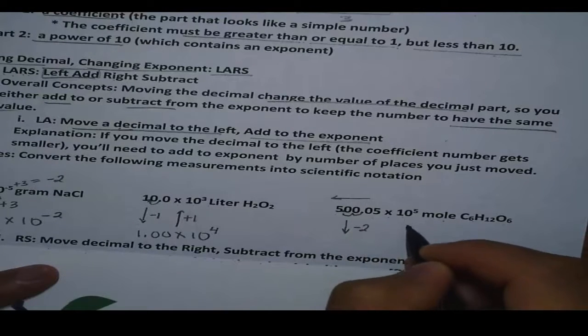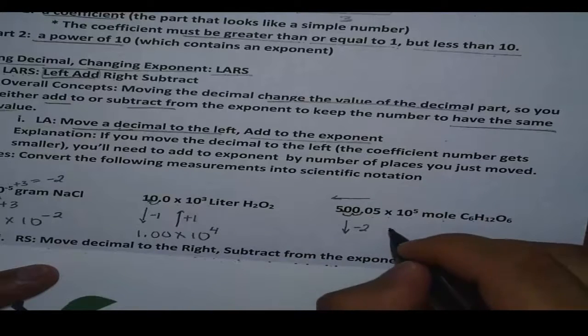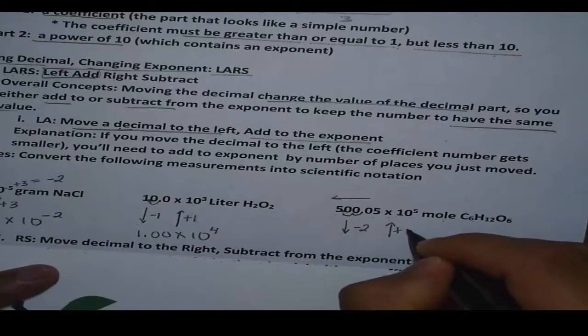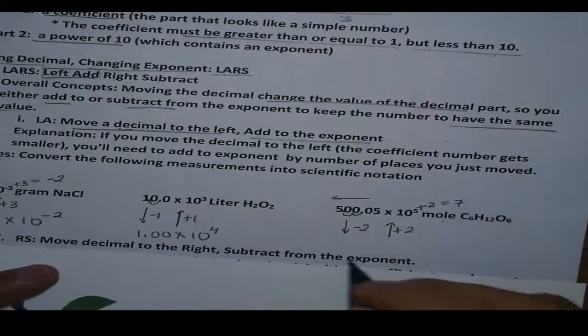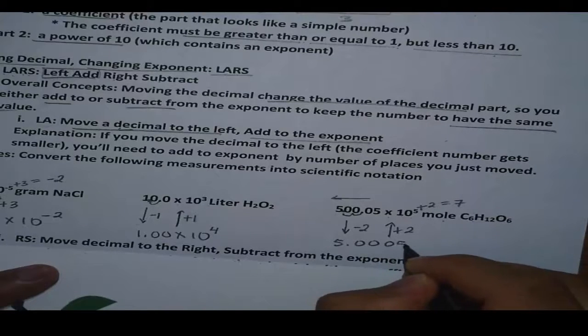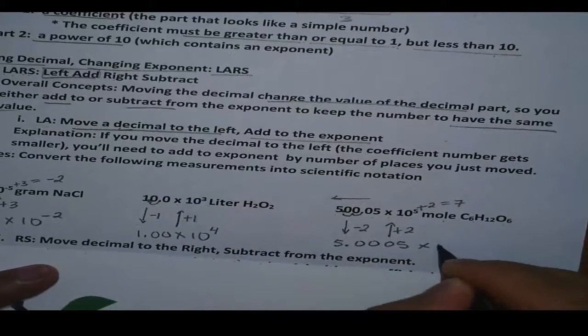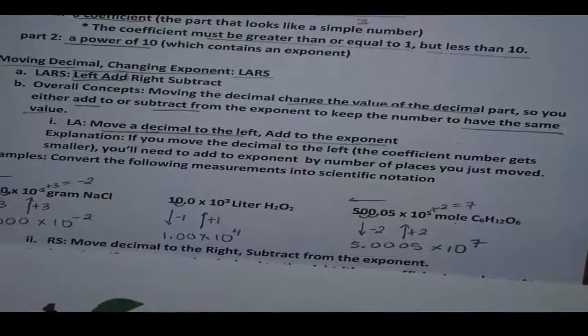And I have to do the opposite to keep the value of the whole number the same. So I'm going to add 2 to the exponent. So 5 plus 2 gives us 7. So we have 5.0005 times 10 to the 7.